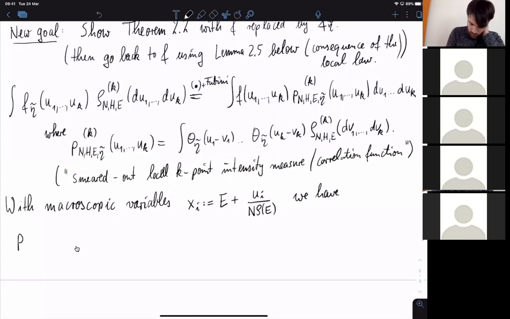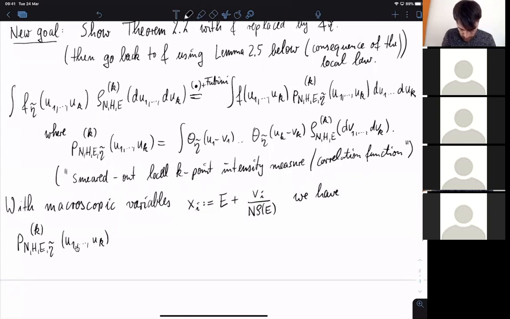If I look at, maybe this here should be a vi. So I have a p_{H,E}, and it's the same thing as before. We still evaluate it at the places at the u's. Sorry, I confused myself, so this is a u.